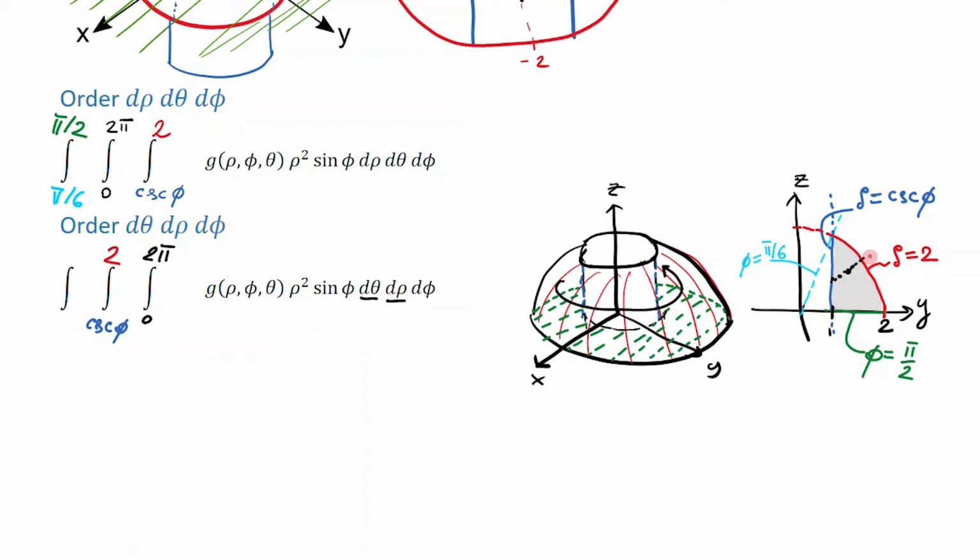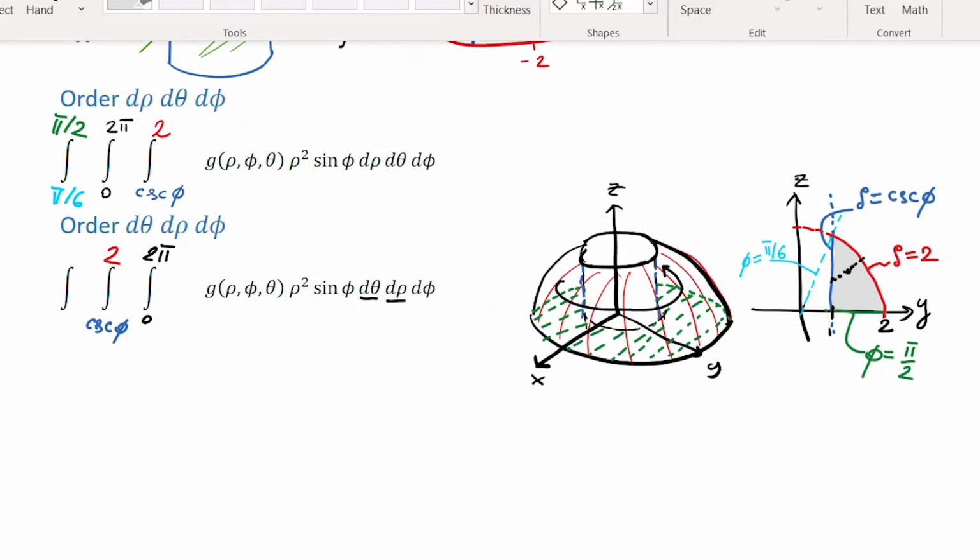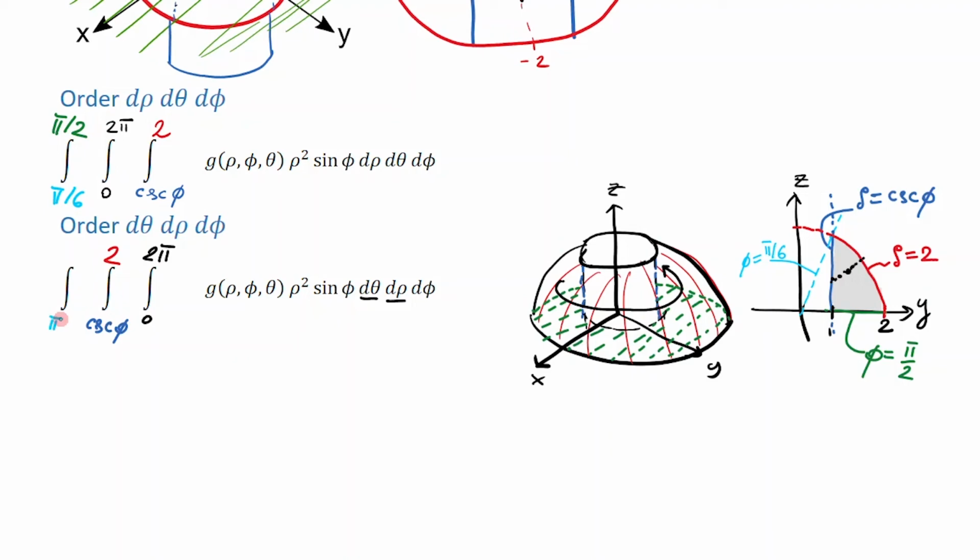And then each of those lines should happen for different values of phi. And the bounds on phi go between the cyan line and the green line, so this would be pi over 6 to pi over 2.